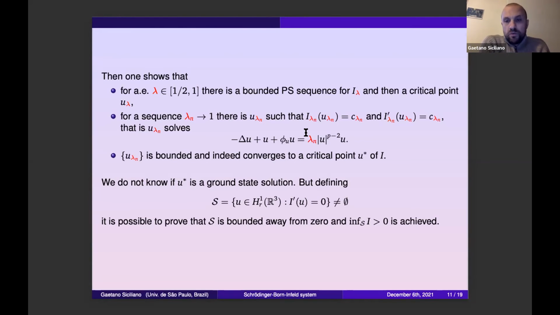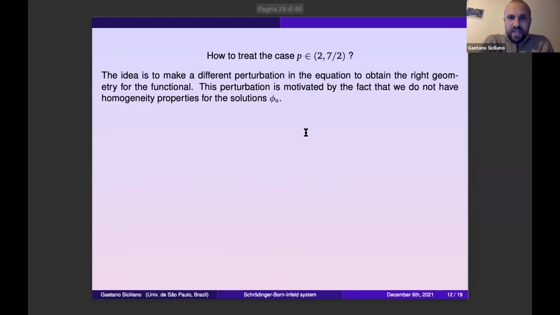So once you minimize the functional over S, it is possible to obtain a minimum. So this was the case, at least whenever P was greater than 7/2, where we used that star inequality with that exponent Q.